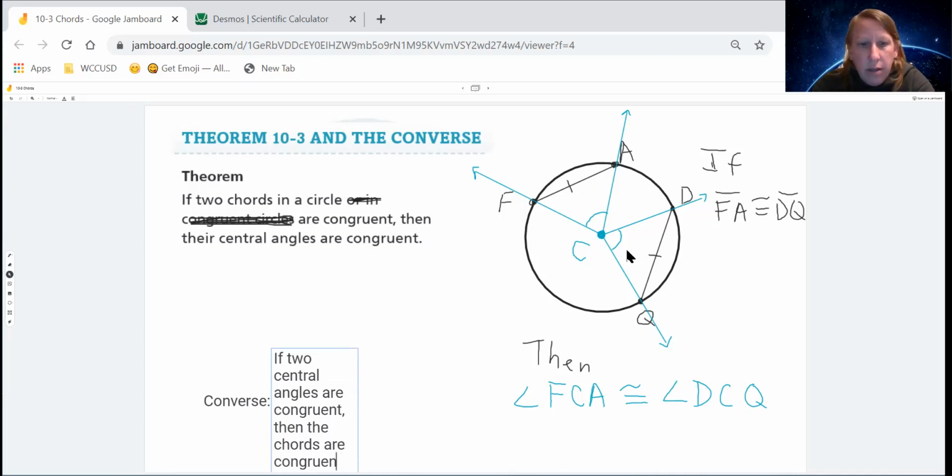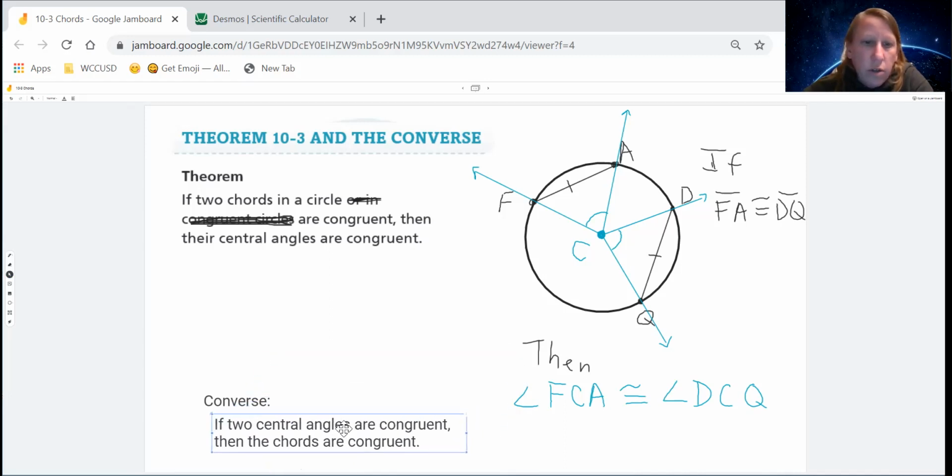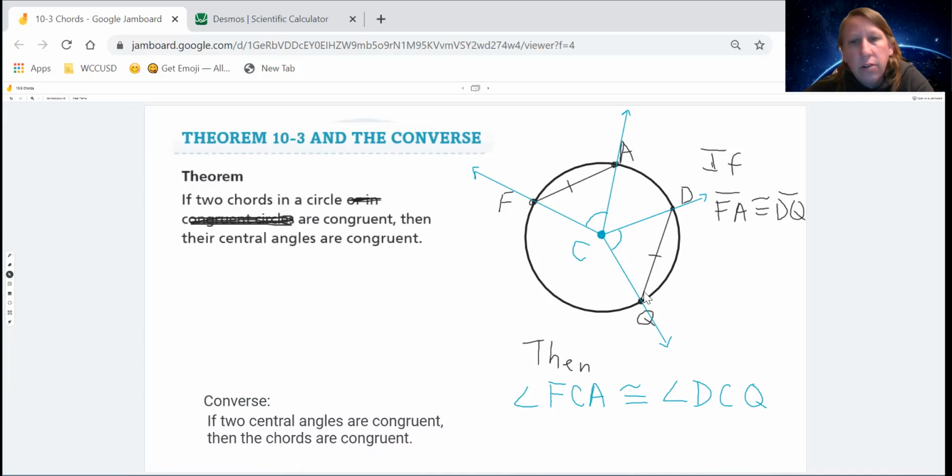So you can work this thing backwards. If you know two chords are congruent, you know the central angles are congruent. If you know the central angles are the same, then you know the chords are the same.